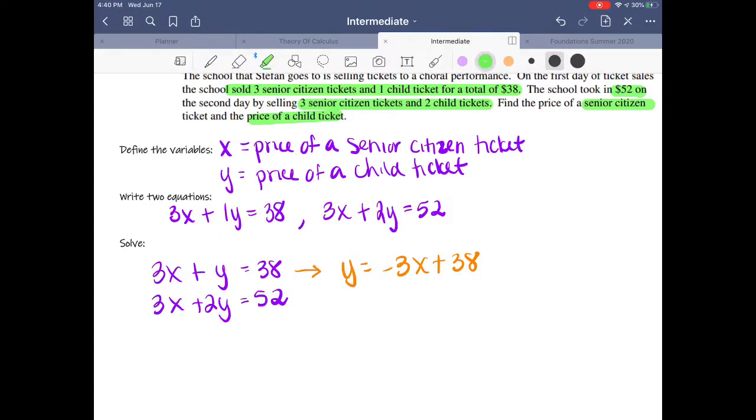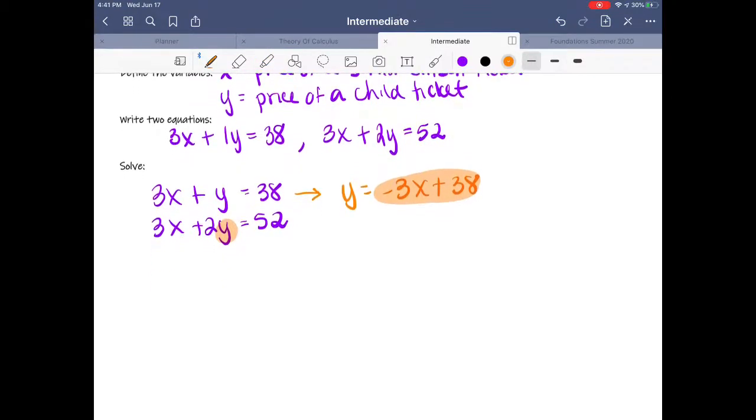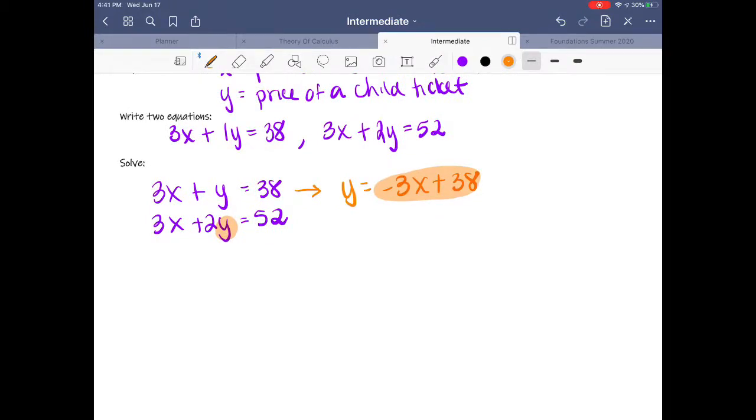And then now what I'm going to do is take this and plug it in for y. Just to kind of review substitution, I have to plug it into the next equation because if you plug it back into itself, it doesn't work out. So it's going down into this equation where y is this stuff.